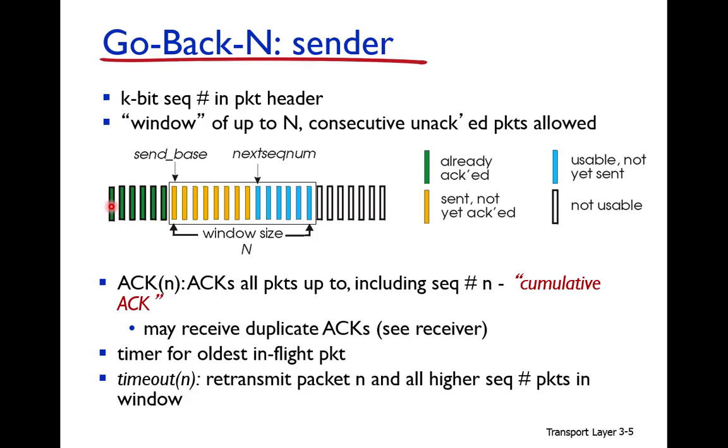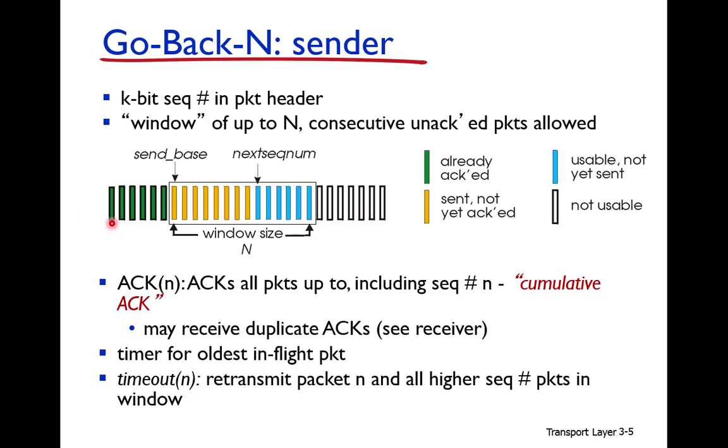Each packet is placed in a slot. These are the packets that are received from the application layer by the sender side transport layer. The transport layer places the packets into these slots, and each slot is given a sequence number.